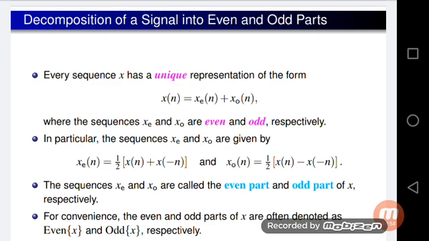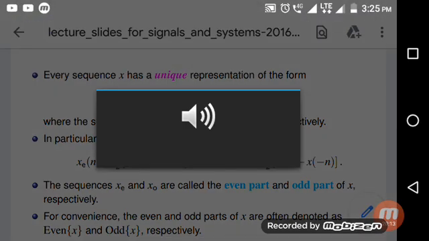The sequences xe and xo are called even and odd parts respectively. For convenience, the even and odd parts of x are often denoted as Ev and Od respectively.